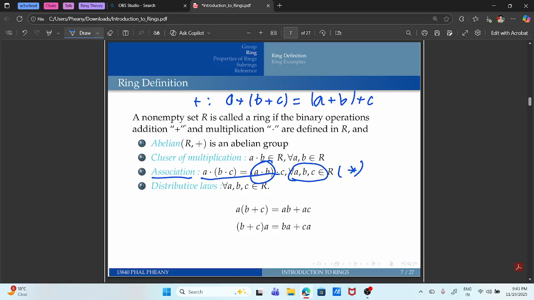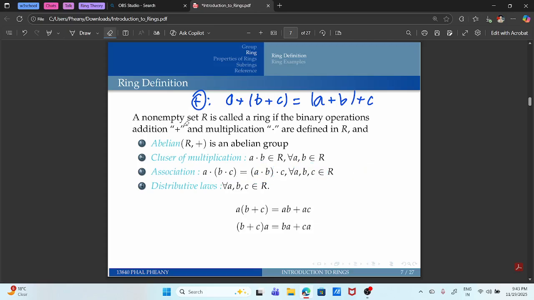This is called associativity under addition, and the previous one is multiplication. This is quite simple, just the basics of algebra that I think most of you know.